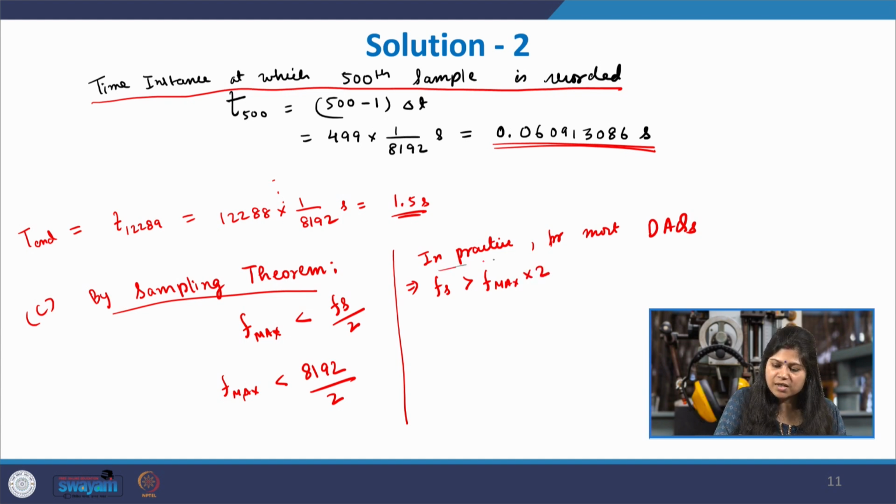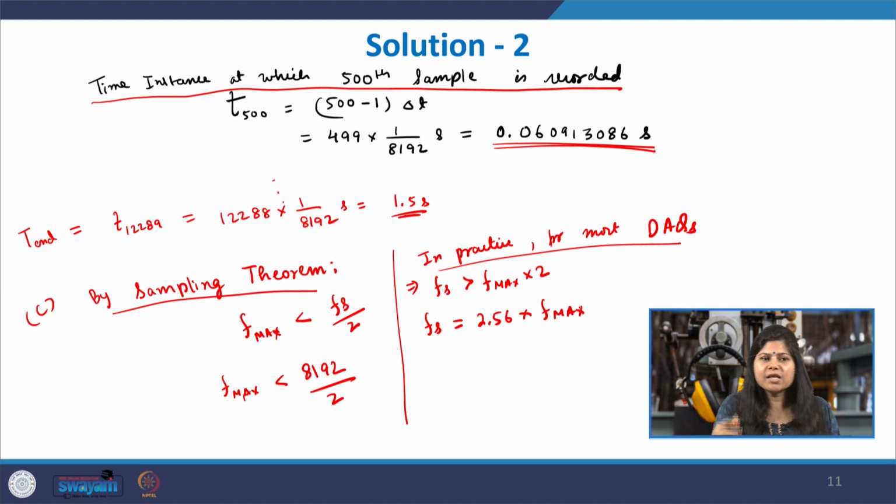For most of the DAQs in practice, Fs is usually taken as 2.56 times the F max. This is the generic guideline used for most DAQs: whatever the frequency range of interest, the sampling rate is set so that it is greater than twice that range. So, usually we set it at around 2.56 times the maximum frequency of interest.